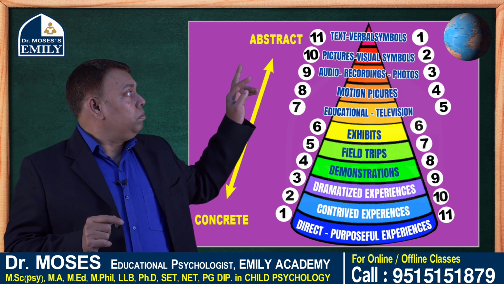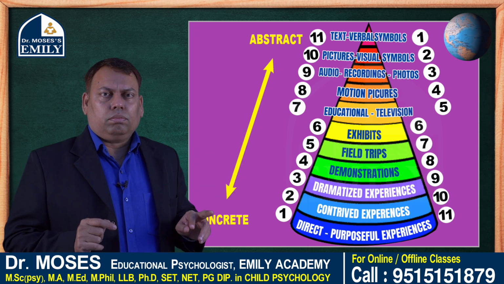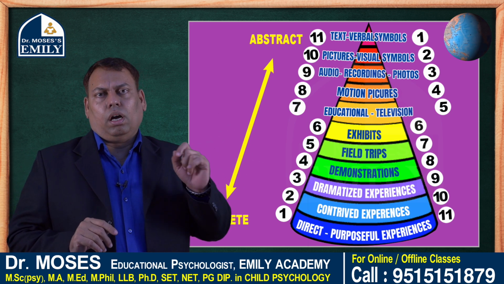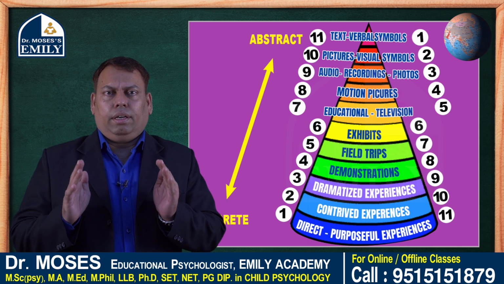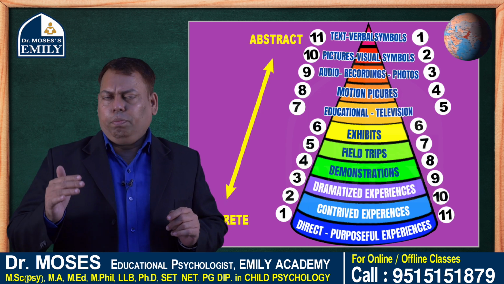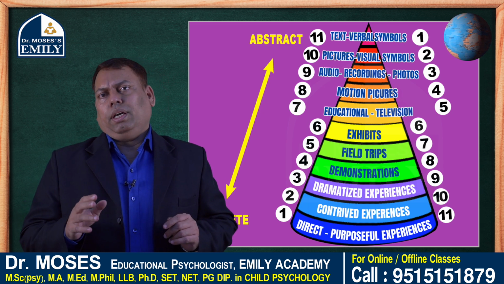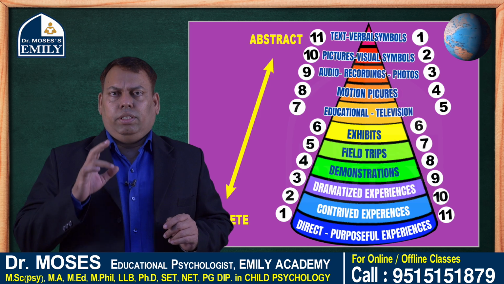Remember, from top to bottom, the learning experiences are abstract to concrete. So this is Edgar Dale cone of experience. By repeating this video and writing important points, you can remember all these experiences.